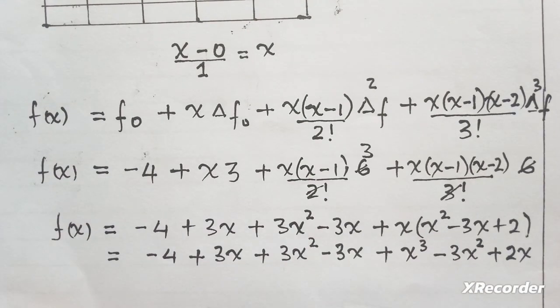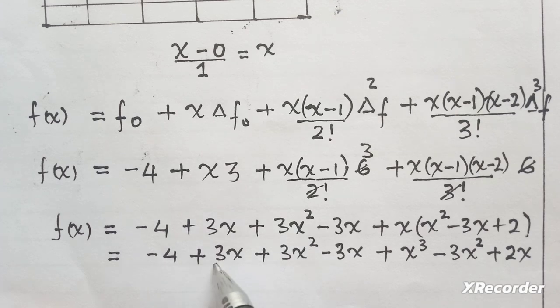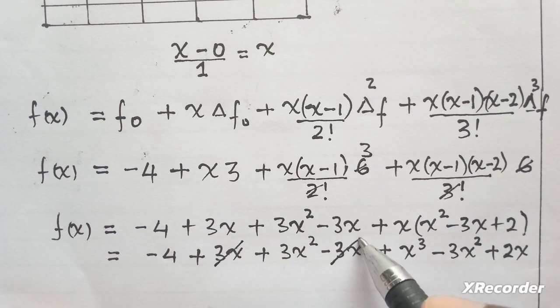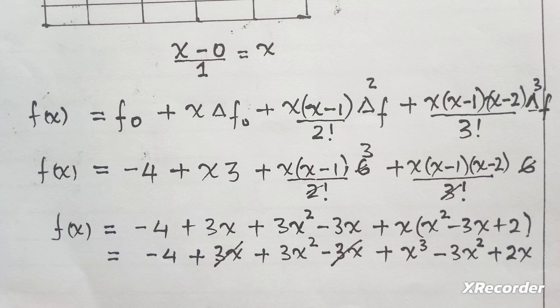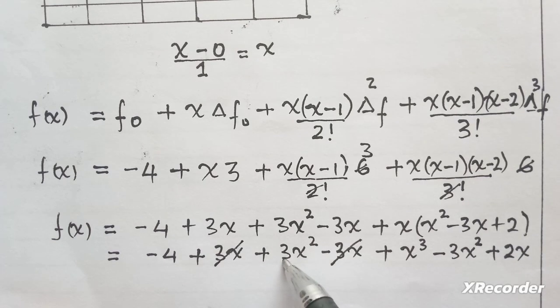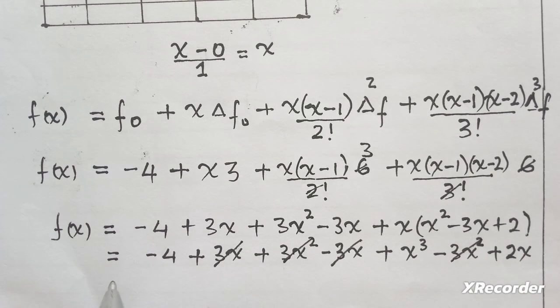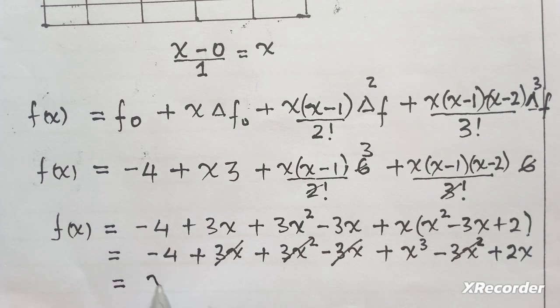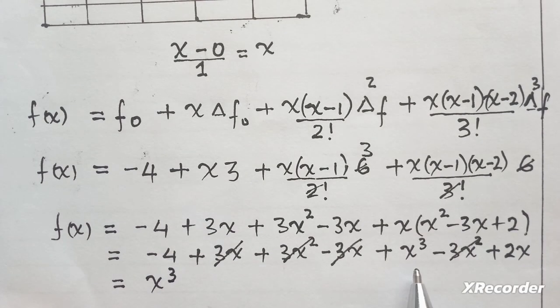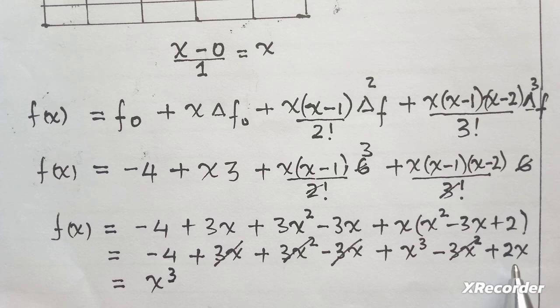From there, we can say this 3x can cancel that 3x, and this 3x squared can cancel 3x squared, because this is minus and this is plus. So now we are left with x cubed, and then 2x.